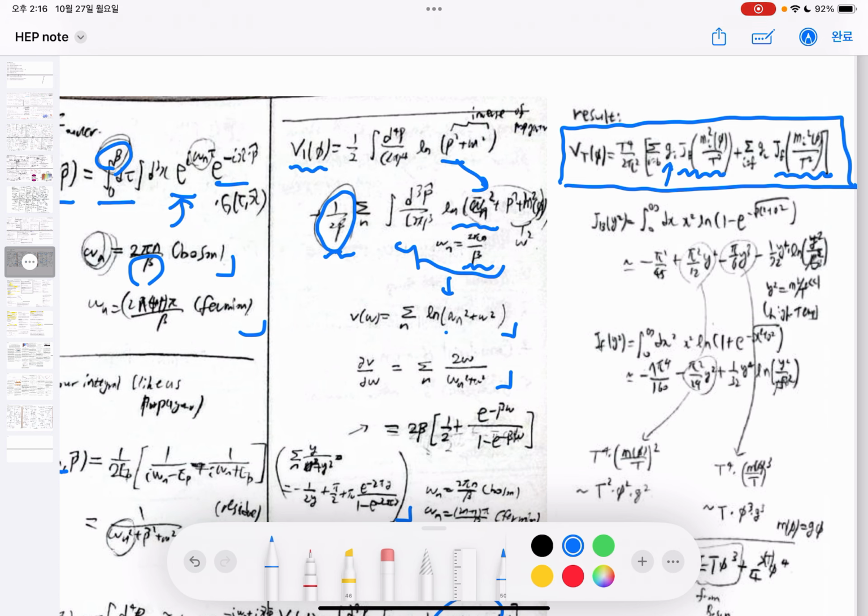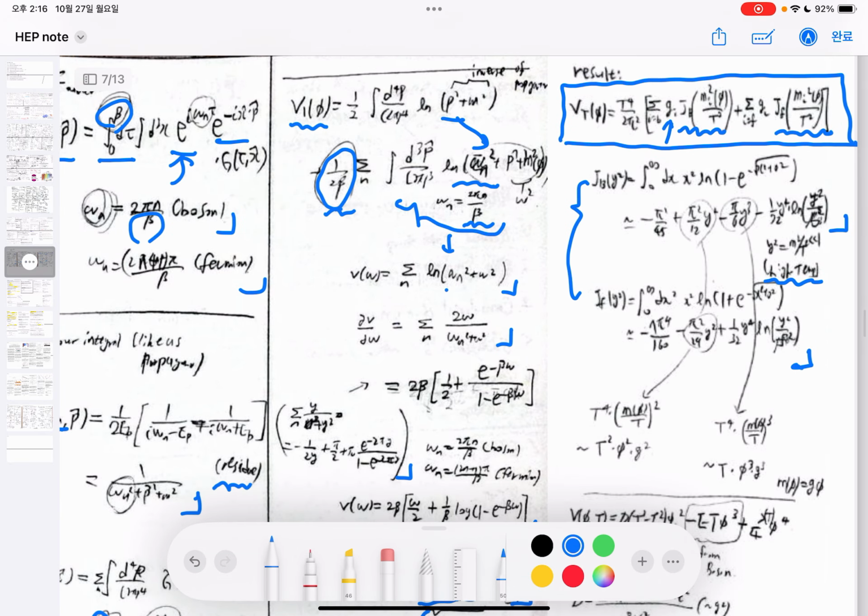For small mass, at high temperatures, the JB and JF functions can be expanded order by order. This includes the log term, and for the boson term there is the cubic term in here. So inside of that, y is equal to m squared over T squared.